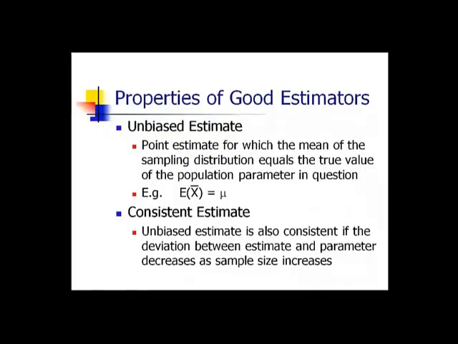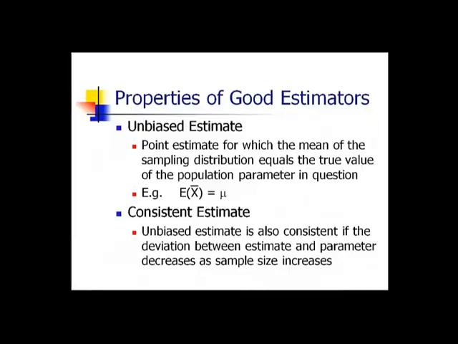So if we increase sample size and that causes our standard error to shrink, as is the case with the sampling distribution of sample means according to the central limit theorem, then our estimator is also considered a consistent estimator. So X bar is both an unbiased and a consistent estimator for mu, the population mean.